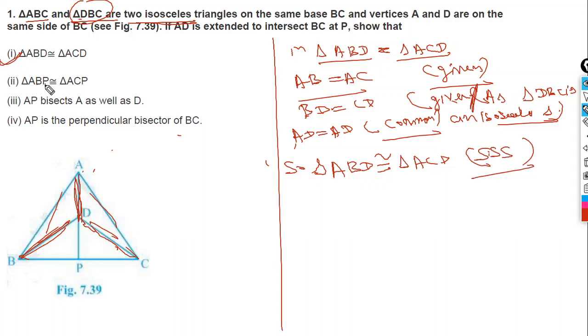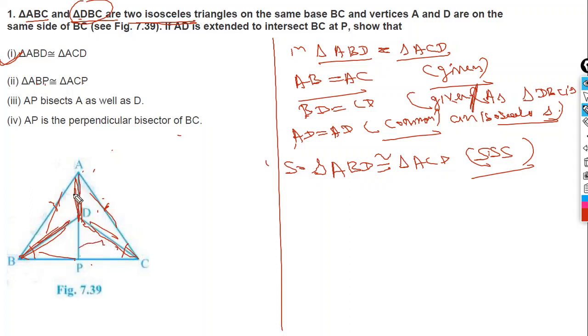Triangle ABP and triangle ACP. Look at the figure. First we have AB equal to AC. Then angle B is equal to angle C. Why? Because equal angles are opposite to equal sides.